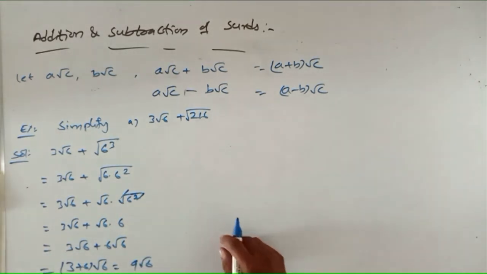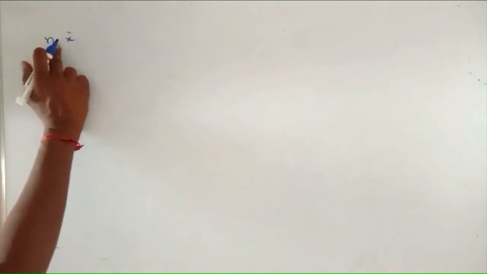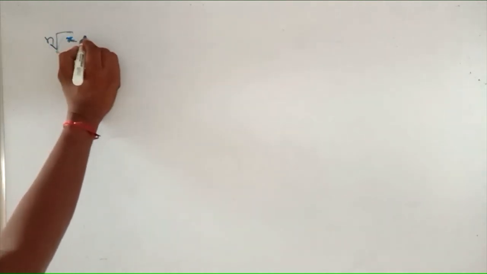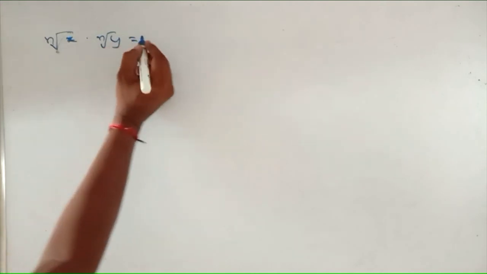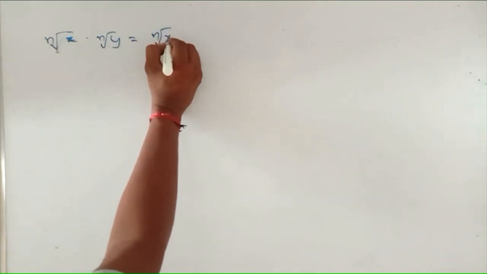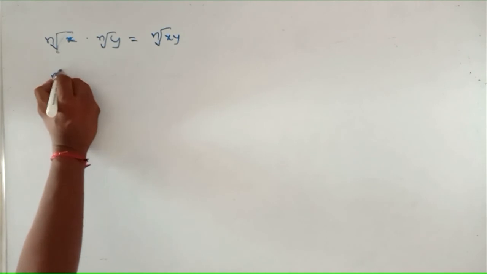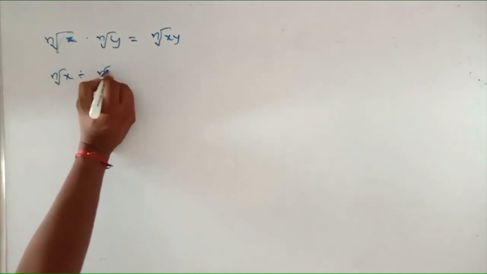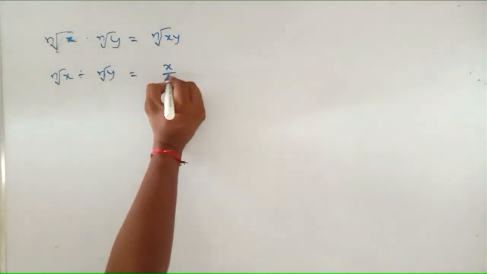In the same way we will do some more problems. The next is multiplication and division of surds. Two surds of the same order can be multiplied and divided according to the law: nth root of x into nth root of y is equal to nth root of xy, this is for the multiplication, and nth root of x divided by nth root of y is equal to nth root of x by y.